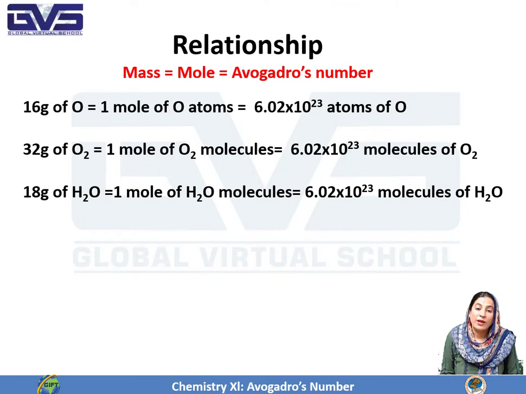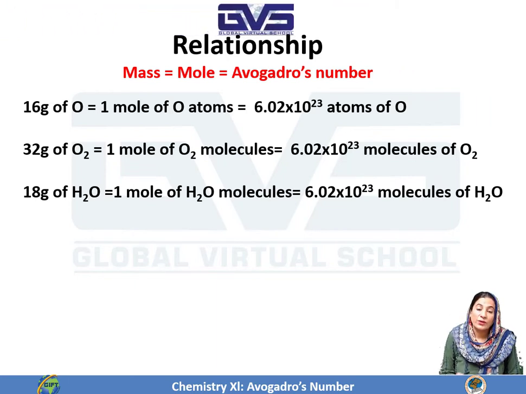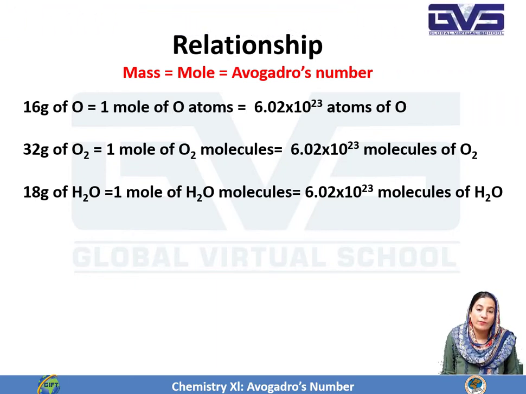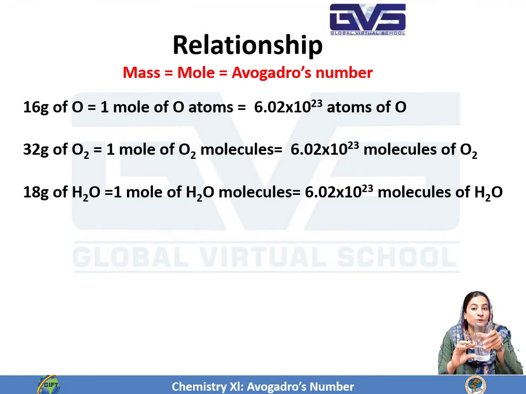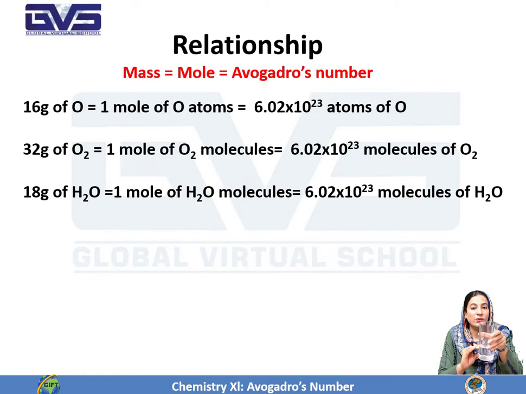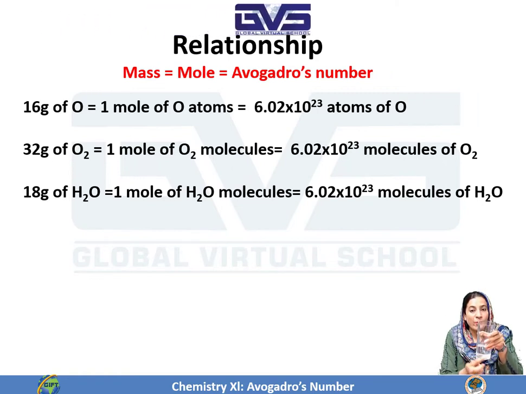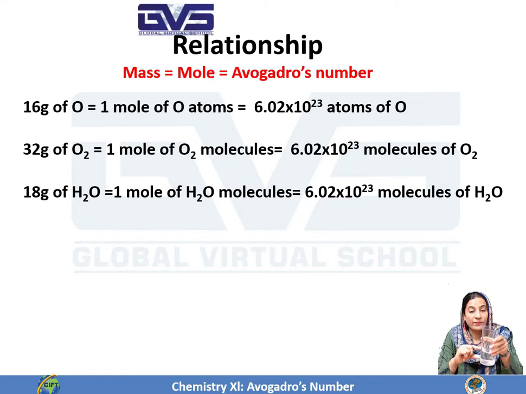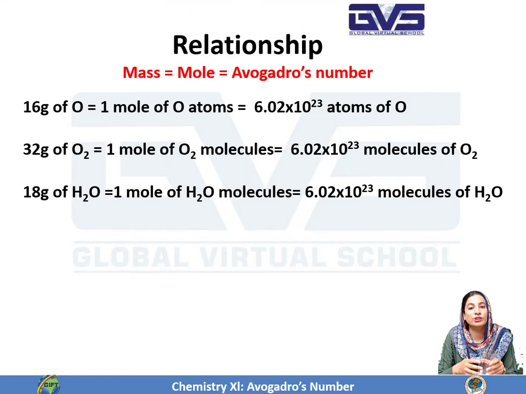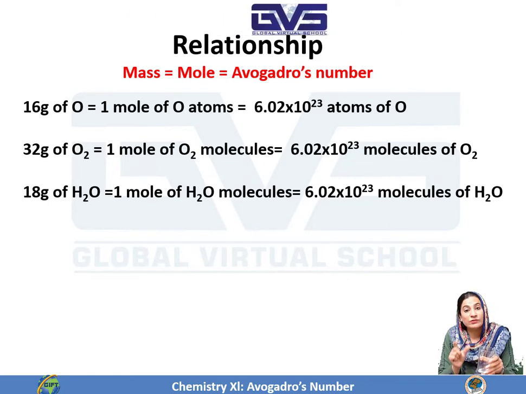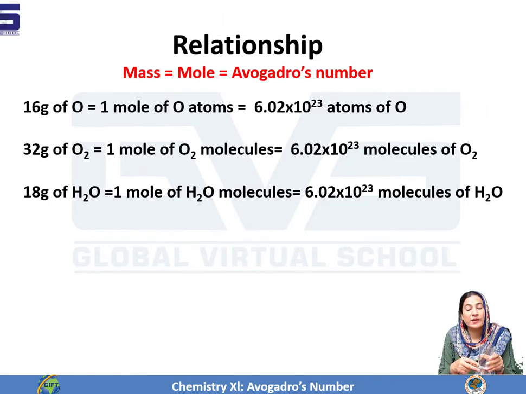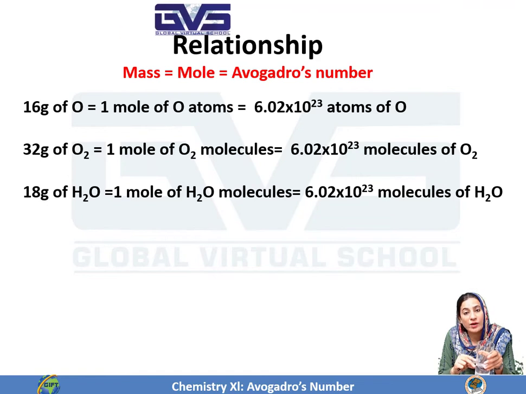Again, if you have water, H2O, then 18 gram of H2O is equal to 1 mole, and the number of water molecules in these 18 gram is equal to 6.023 × 10^23. This value, 6.023 × 10^23, is called Avogadro's number.